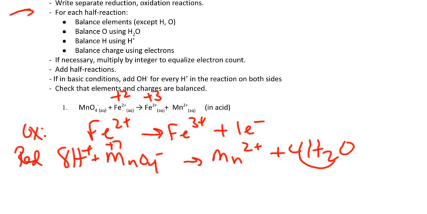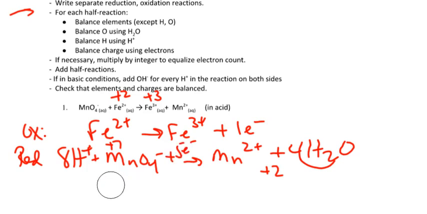On my reactant side, I have 8 pluses and 1 minus, so my overall charge is +7. On this side, I have a +2 and 0, so my overall charge is +2. Pick your more positive side, that's your +7, and now you're going to add electrons to balance it out. So how many electrons do I need to go from a +7 to +2? Well, hopefully you got 5 electrons.